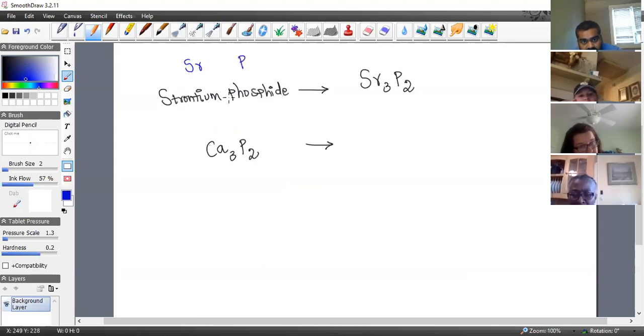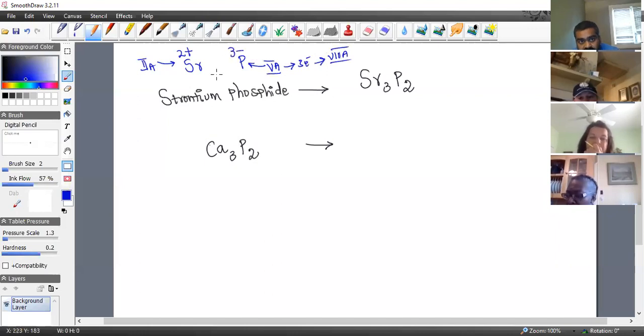Strontium is Sr, phosphide comes from phosphorus, so it's P. Strontium is in group 2A, so it's a metal, so it'll be 2 plus. Phosphide comes from phosphorus, which is in 5A, so it needs 3 electrons to get to 8A. So that means it's 3, and it's a non-metal, so it's negative.